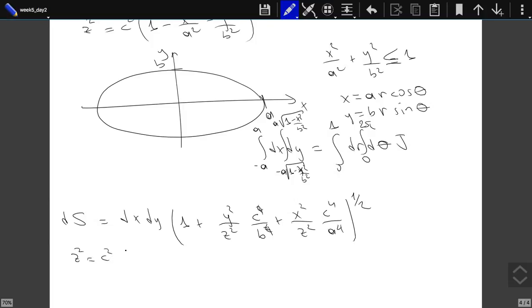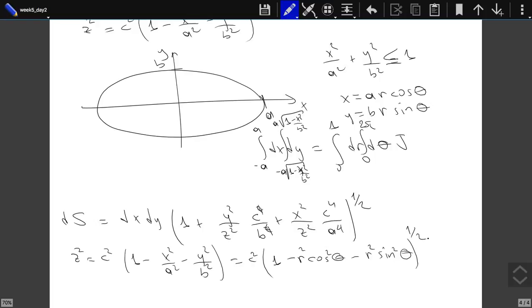Z squared is c squared times 1 minus x squared over a squared minus y squared over b squared. So c squared times 1 minus, well, x over a is r cosine theta, r squared cosine squared theta minus r squared sine squared theta, to the power 1/2.